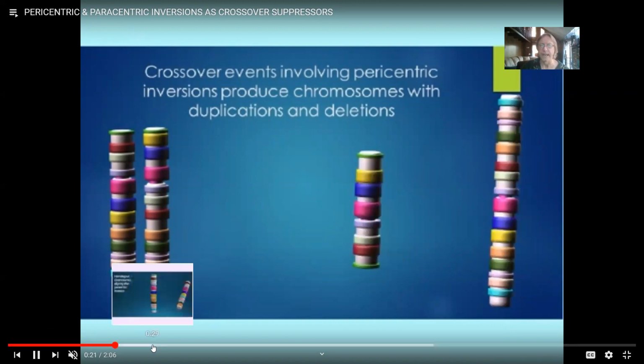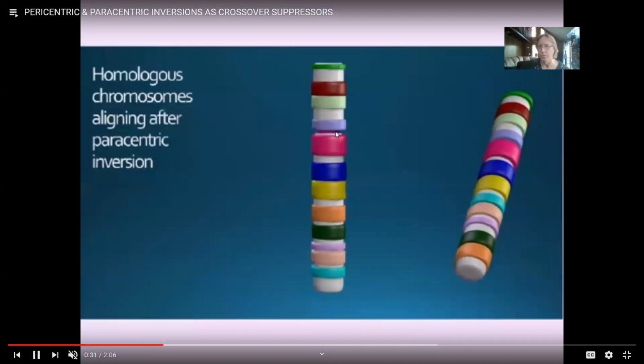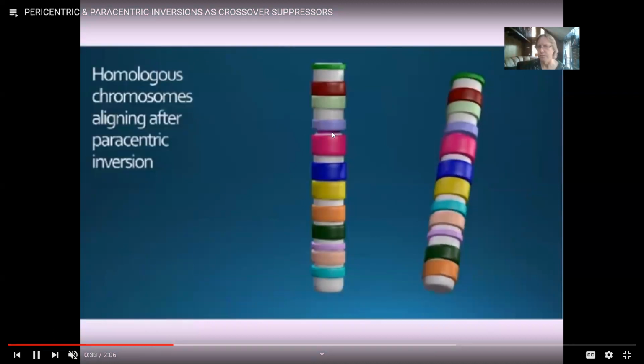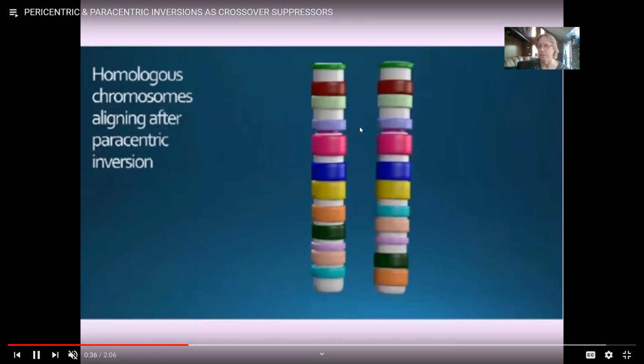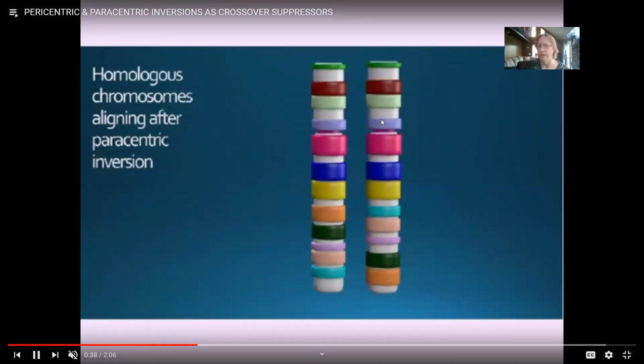A more serious case is what's known as a paracentric inversion. A paracentric inversion does not involve the centromere. So notice that this goes aqua centromere pink, aqua centromere pink. So the inversion did not involve the centromere, but it did affect one of the arms. Notice that the orange, green, lilac, peach, aqua is reversed here. So that did not involve the centromere. That is known as a paracentric inversion.